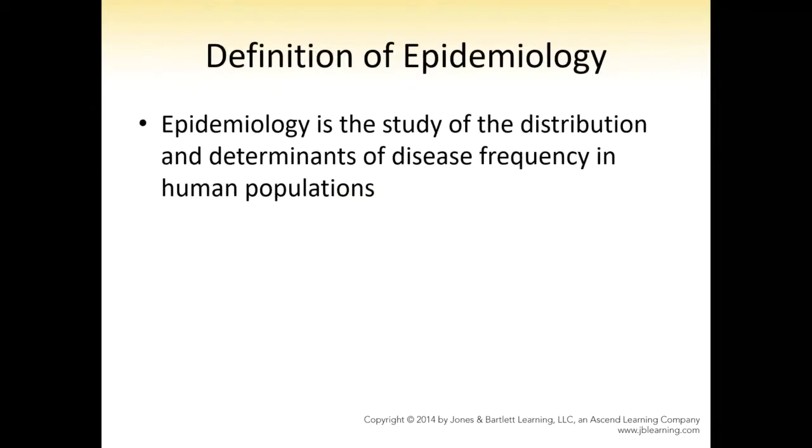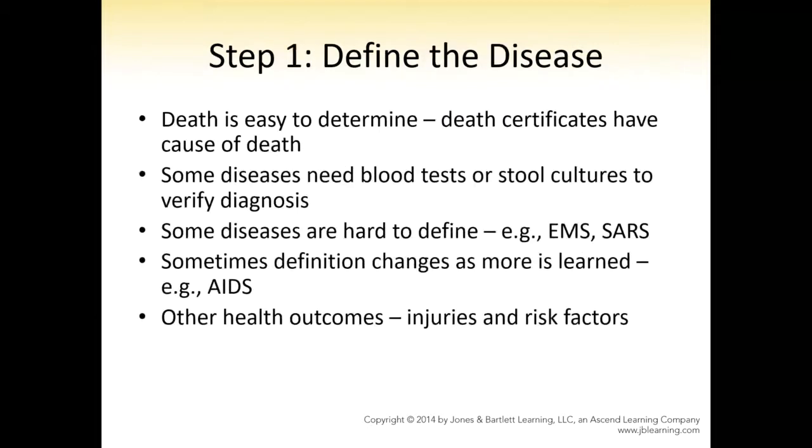Okay, chapter 5, epidemiologic principles. Epidemiology is also the study of the distribution and determinants of disease frequency in human populations. And so one step first is to define the disease. Death is more often easy to determine, and death certificates have to state the cause of death. Some diseases may need blood tests or a stool culture to verify the diagnosis.